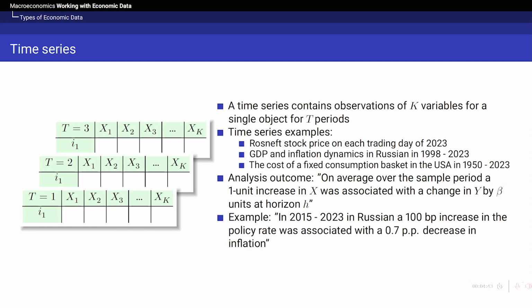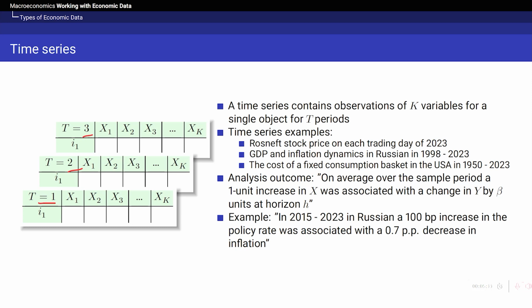Time series data is probably the most widespread when it comes to macroeconomics. It contains observations which track one individual over t consecutive periods. Examples of such data include stock prices, GDP, and inflation for a particular country. Time series data can be used to make conclusions regarding the dynamic impact of one variable on the other.